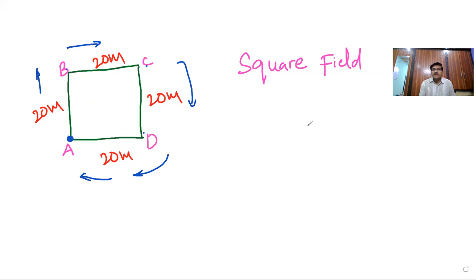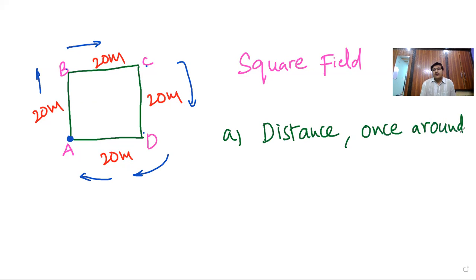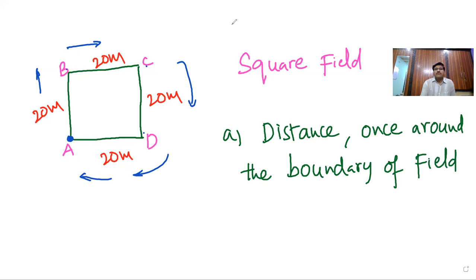In that case, the first case is distance: once around the boundary of the field.